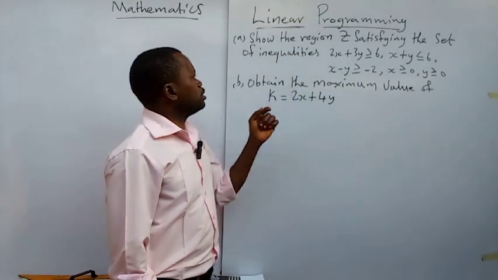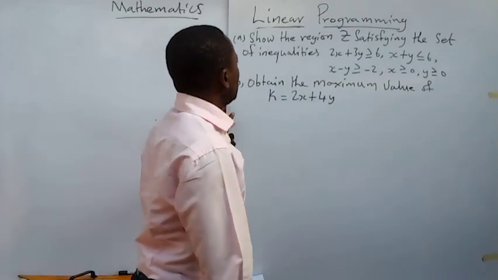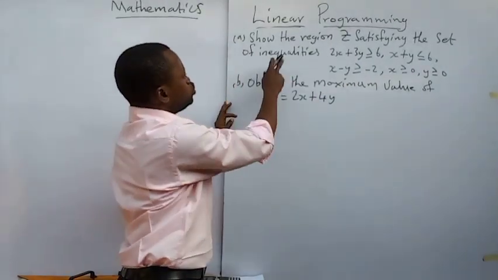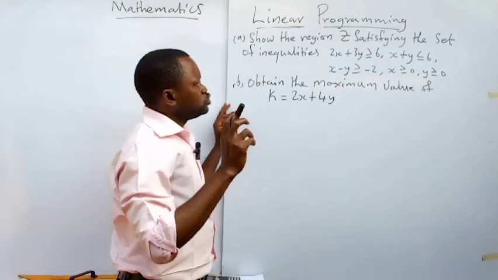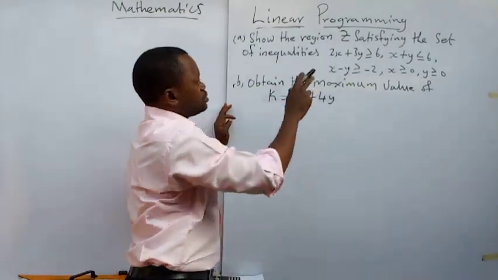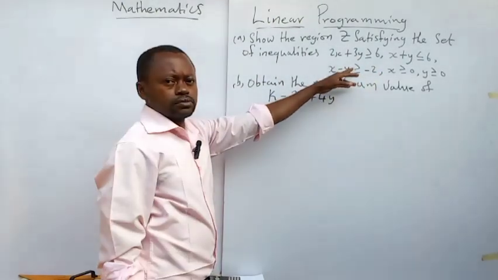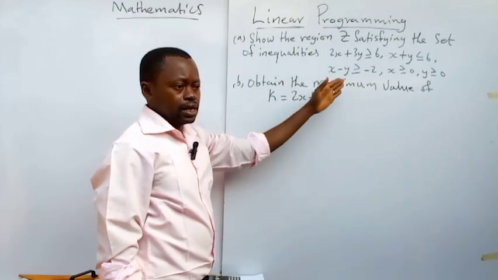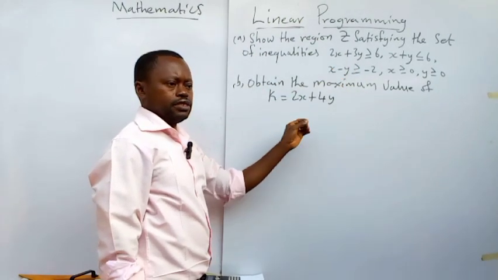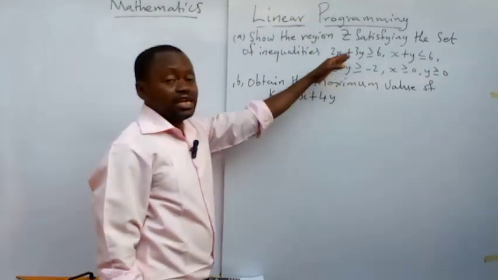In this question, we are given to show the region Z that satisfies this set of inequalities. That's the first thing we have to do here. You can apply this set of inequalities in a particular area of endeavor, whether in business or agriculture, but these are limitations.